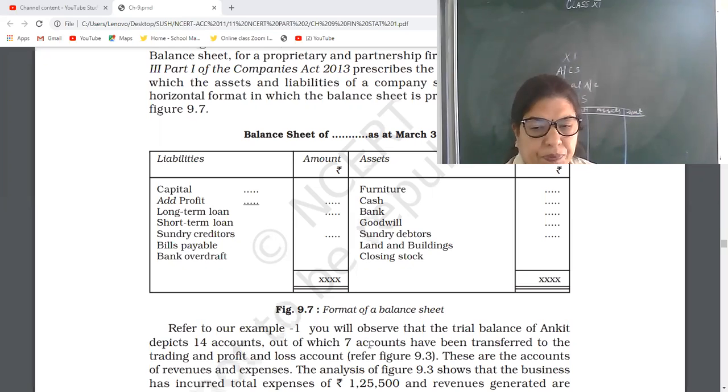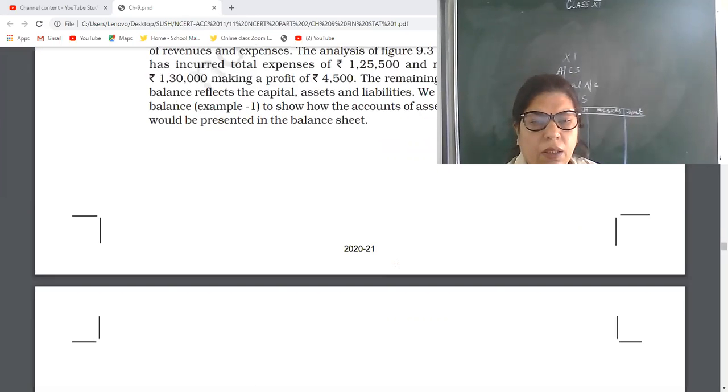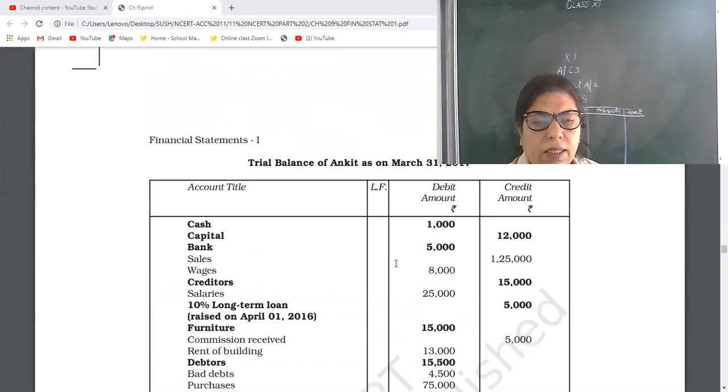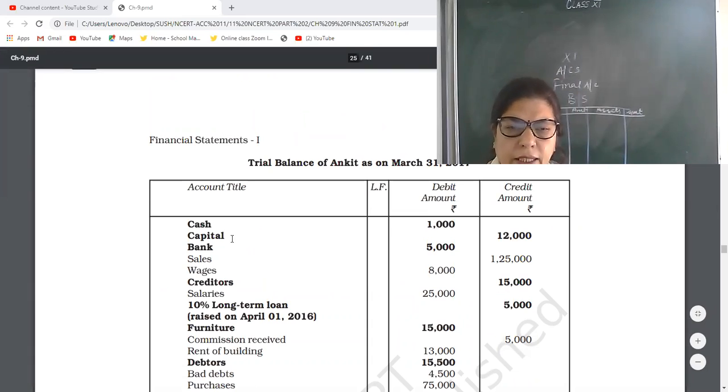Now see, this is the trial balance. Now with the help of trial balance, we will prepare balance sheet. One by one I will show you. Cash, asset, capital, liabilities, bank, asset.